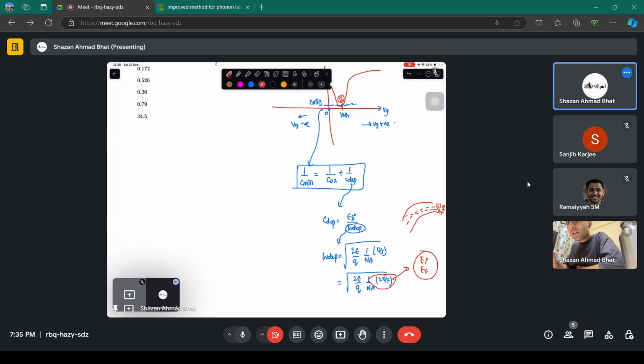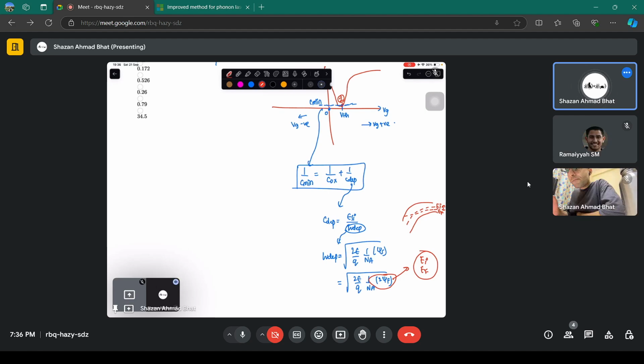Let me just check. Say the maximum depletion width occurs at this. Are we given the particular value?